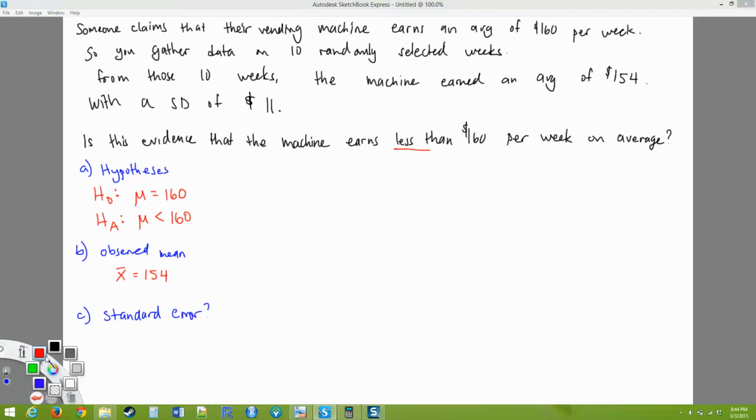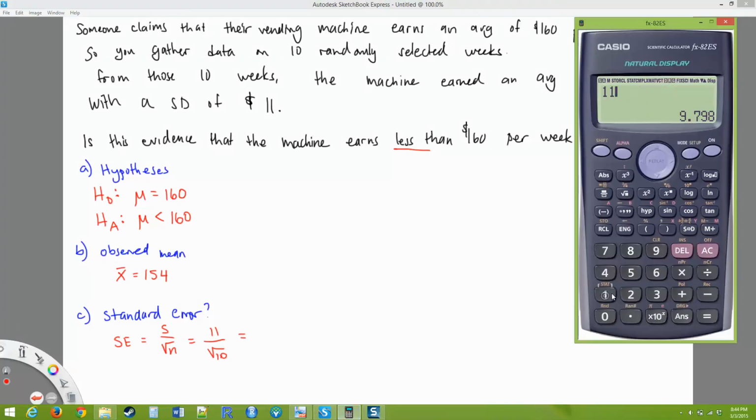That's the standard deviation. So the standard error is s over the square root of n. So it's going to be 11 divided by the square root of 10. Eleven divided by the square root of 10, 3.479.